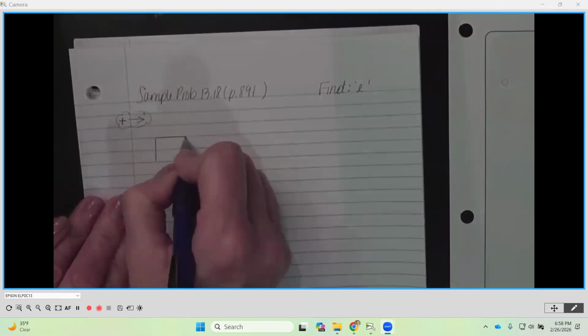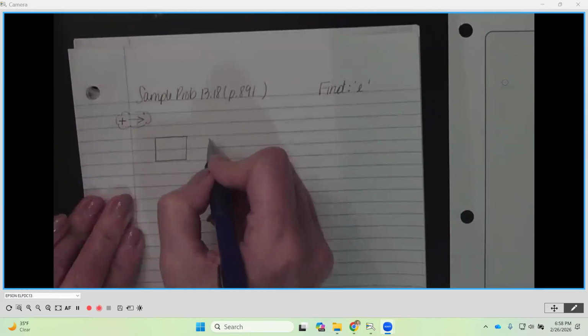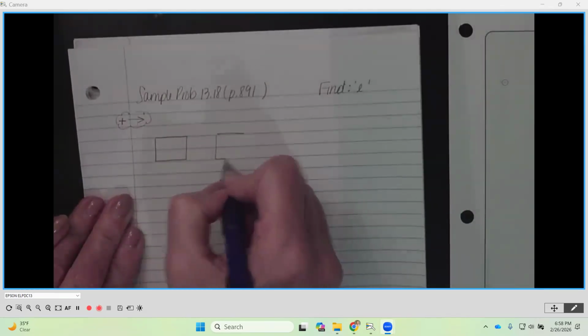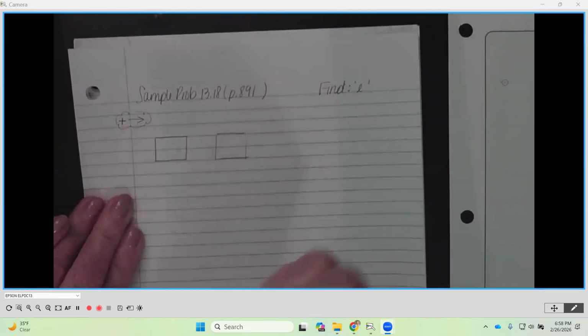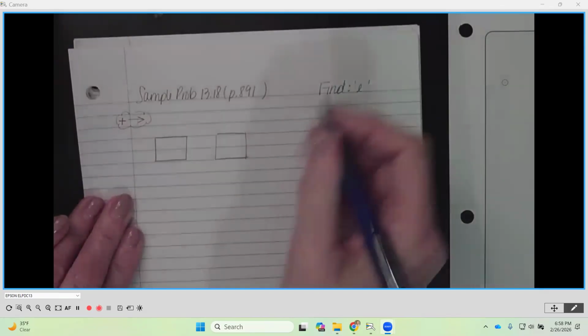All right, and I'm going to draw a rectangle for railroad car A and railroad car B. So this is going to be A, this is going to be B. I know that A is 20 megagrams and B is 35 megagrams.